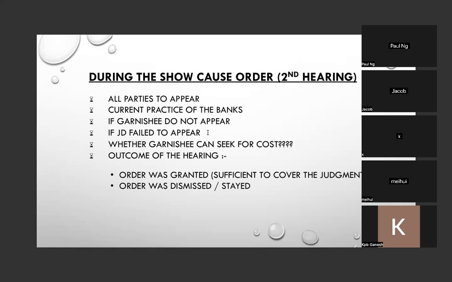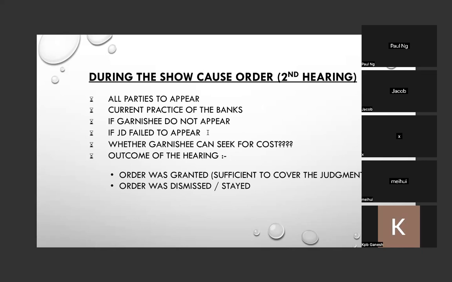But for the current practice of the banks, they will not be sending any of their officers to the court. What they will do is write to the plaintiff's lawyer, saying that they have received your show cause order and have frozen the particular bank accounts for how much ringgit Malaysia, and will hold on until they receive the absolute order.